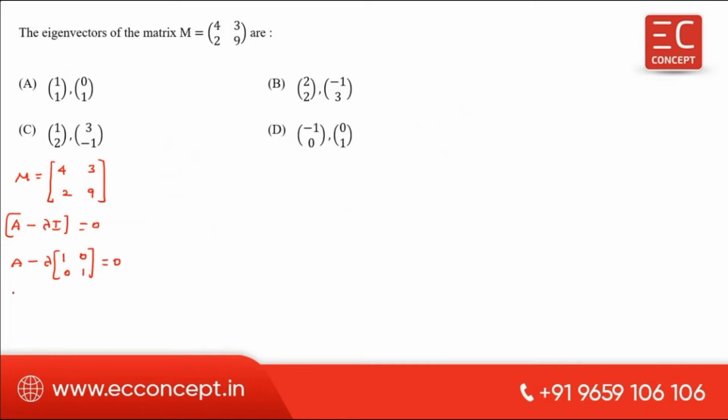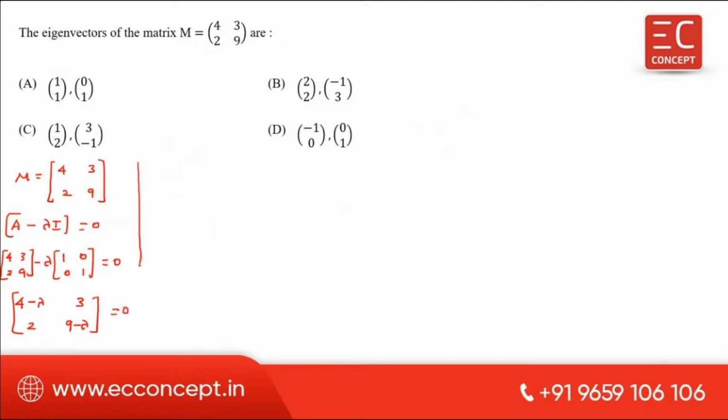A is equal to [4 3; 2 9]. If you simplify this, you will get 4 minus lambda, 3, 2, 9 minus lambda, which is equal to 0.